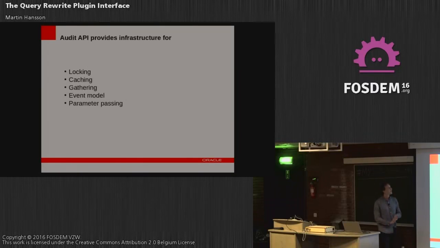But it also provides a very handy infrastructure for locking the plugins. It's important to lock an audit plugin so that you can't uninstall it while you are auditing, while you're writing to the audit log. In order to make that scale to thousands of parse events per second, we need to do some clever caching here. And the Audit API is really efficient at that.